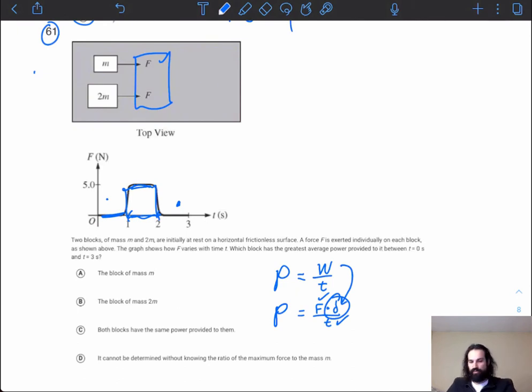So block 1 has way more distance, technically twice as much, right? I think. Yeah, double the mass, half the acceleration. So I don't know if you could say twice the distance, but more distance, which means more power was added to it. So the answer for that one should be block A.